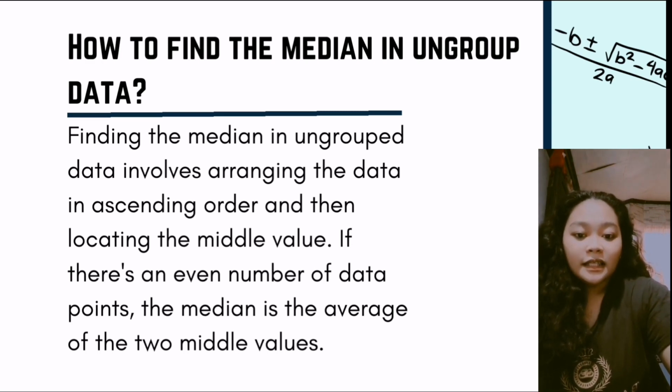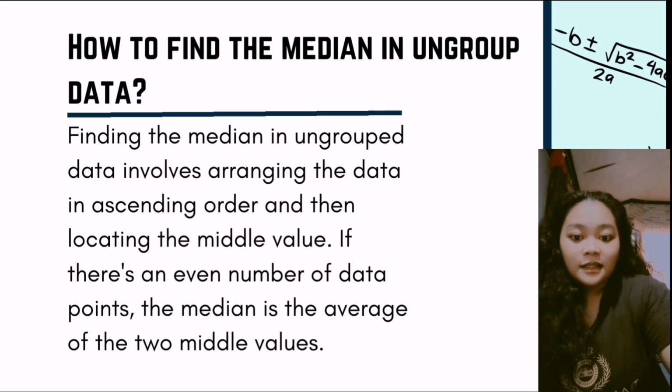Next, how to find the median in ungrouped data? Finding the median involves arranging the data in ascending order and then locating the middle value. If there's an even number of data points, the median is the average of the two middle values.